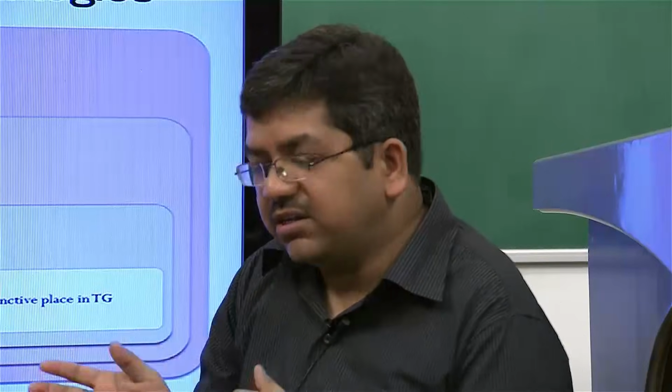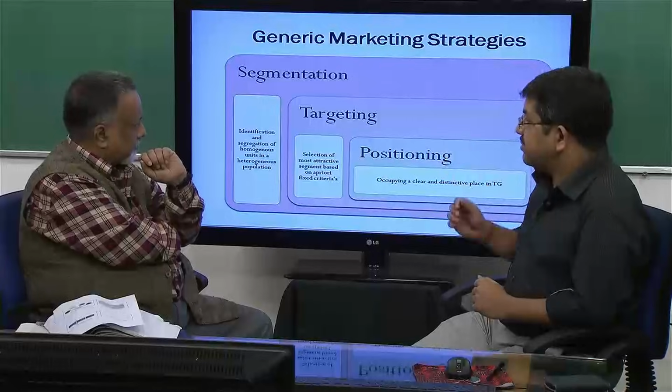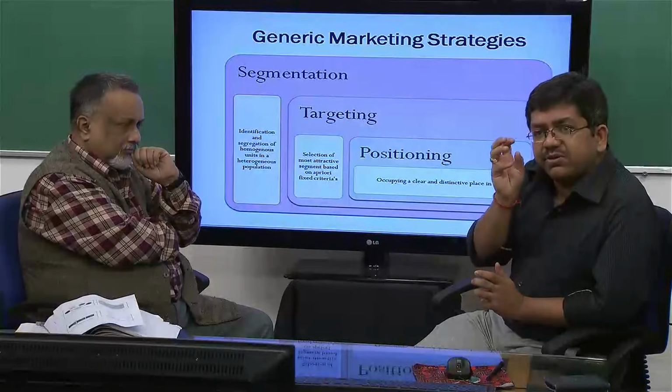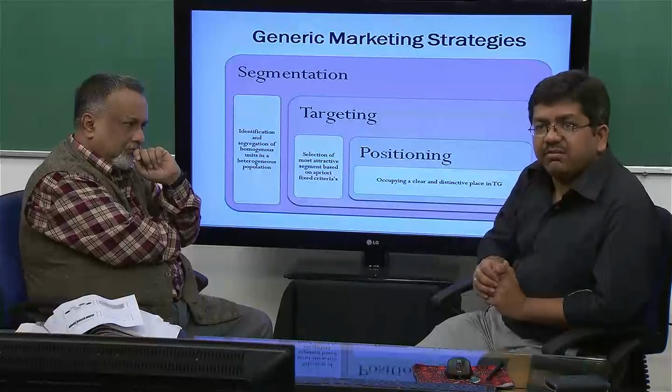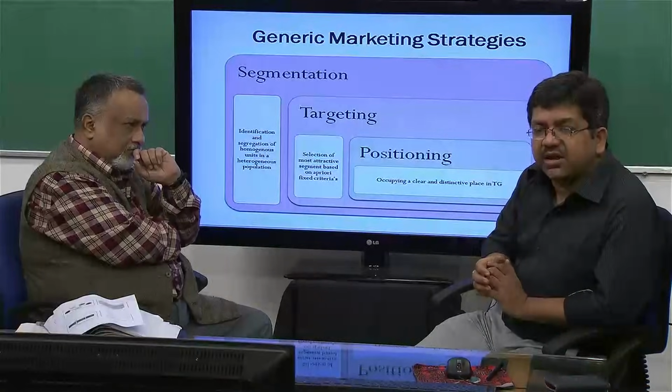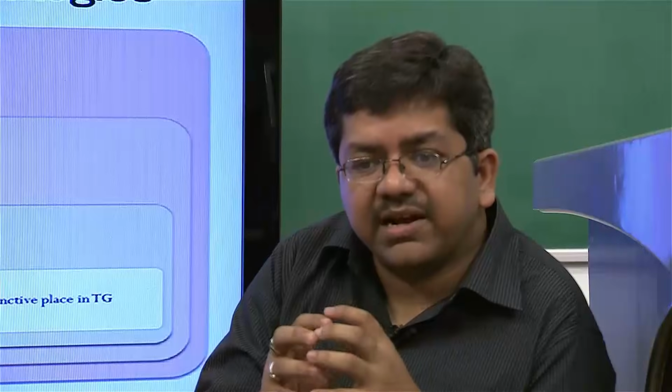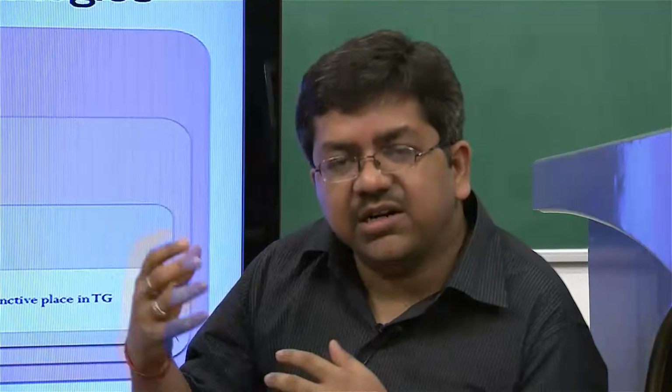And the third thing that comes in this strategic marketing part is positioning: how you should communicate, or how you should position your product. A very clear-cut positioning, or clarity in the minds of the customer about the benefits of your product or offerings, is what this concept of positioning is.